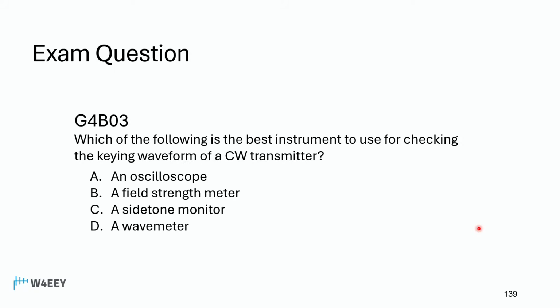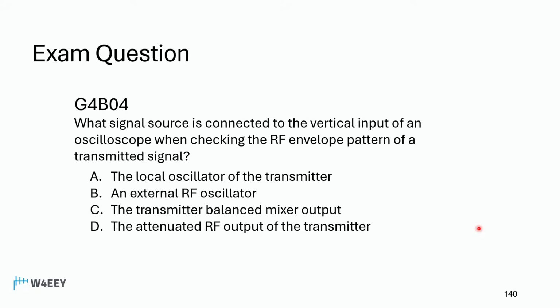Which of the following is the best instrument to use for checking the keying waveform of a CW transmitter? Alpha, that's our favorite, oscilloscope. What signal source is connected to the vertical input of an oscilloscope when checking the RF envelope pattern of a transmitted signal? Delta, the attenuated RF output of a transmitter.